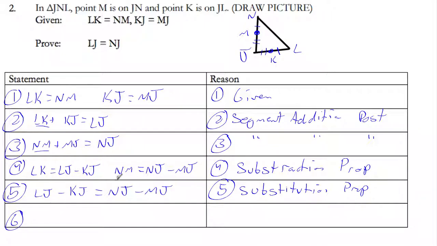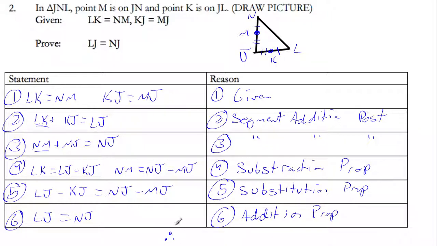And finally, it was given to us that KJ is equal to MJ. So here's KJ and MJ. If I add those values to both sides, they're equal, and so they cancel out. That means I get LJ is equal to NJ. And that's the addition property because I'm adding equal values. And I get my proof.